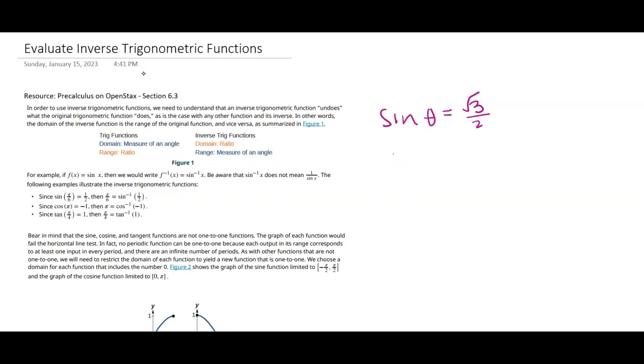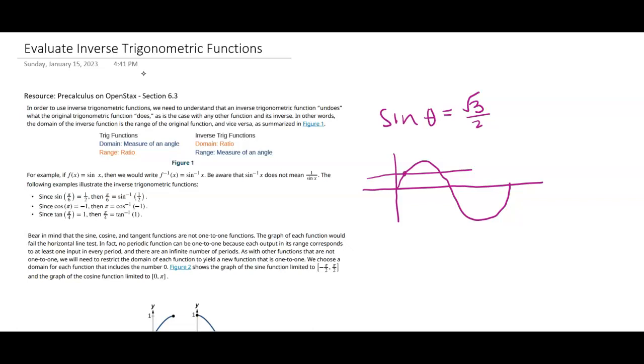Well, that might happen on the sine graph multiple times because it's periodic. But when I want an inverse function, I need one input to have one output.